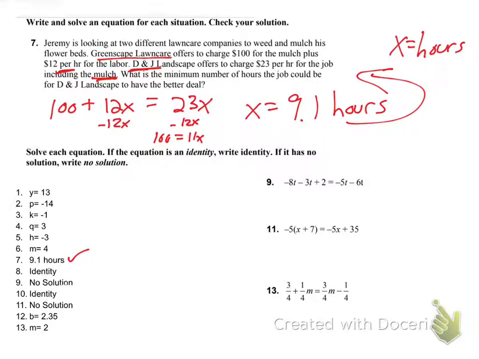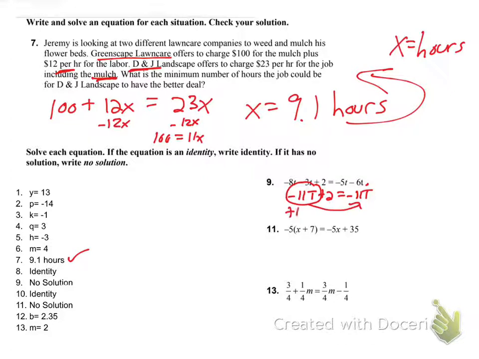All right, 9. So what we need to do is combine terms. So I have negative 11t plus 2 is equal to negative 11t. So what I'm going to do is take this t and bring it over.